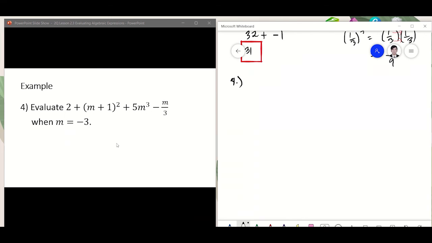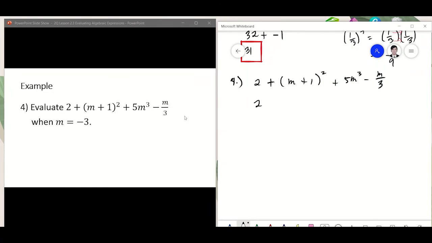That's the meaning of the word evaluate. Copy the expression first. So 2 plus m plus 1 quantity squared plus 5m cubed minus m over 3. So don't forget, just copy.